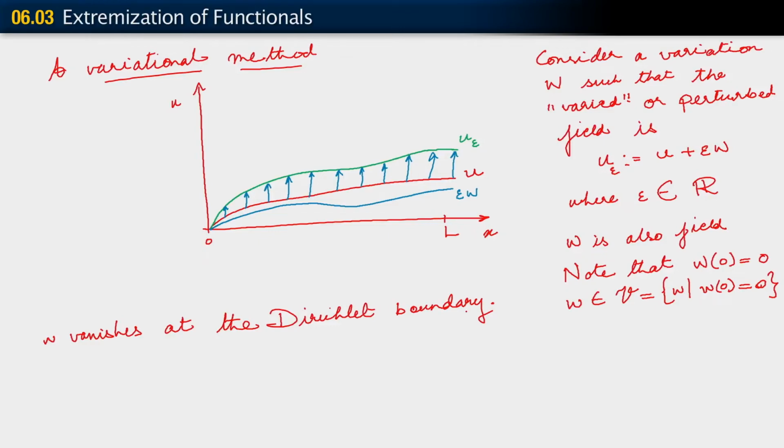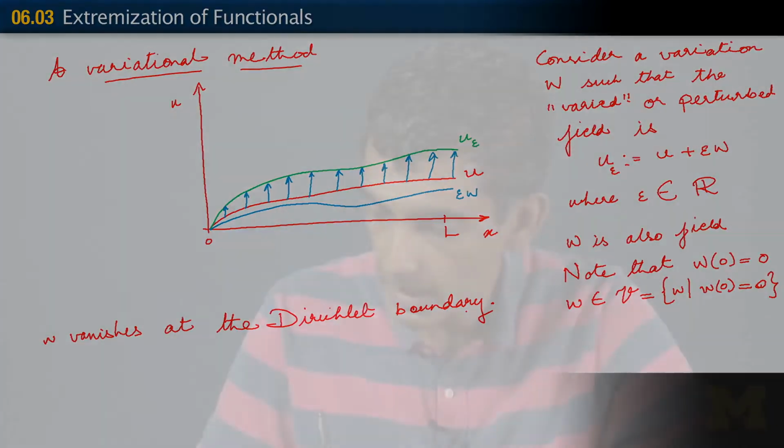In order to see why W vanishes at the Dirichlet boundary, it's useful to recognize that really the field that we care about is U. W, and in fact epsilon as well, are objects that we've introduced into the formulation in order to serve our purpose, in order to take us towards where we want to go.